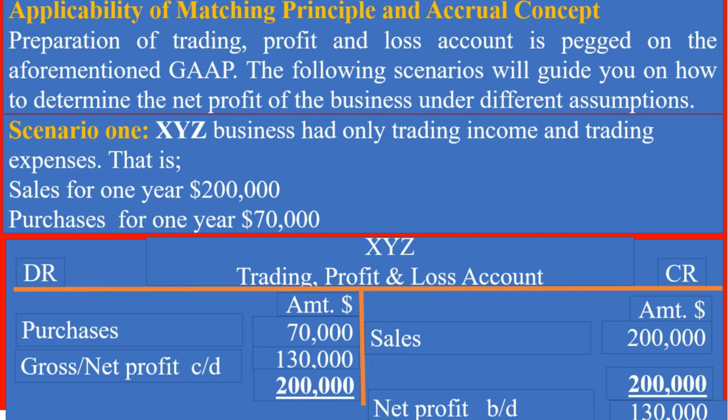In this case, the gross profit still represents the net profit of this business, and that's the reason why the balancing figure is gross profit slash net profit carried down, because the two are just one and the same thing. So that is how to record and determine the net profit of the business, given a scenario 1 whereby the two items are both of trading nature.